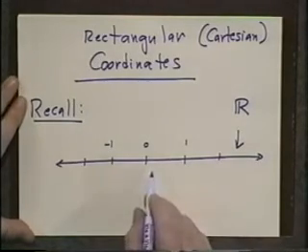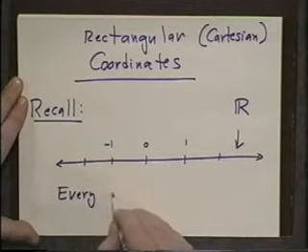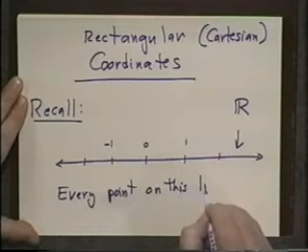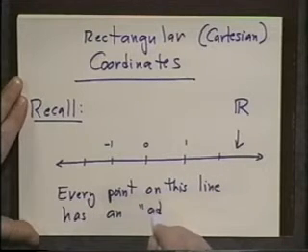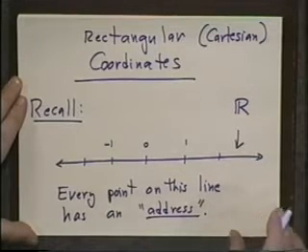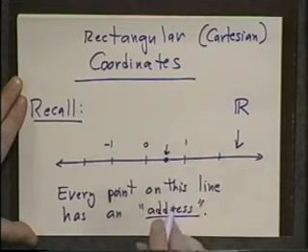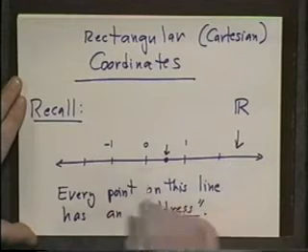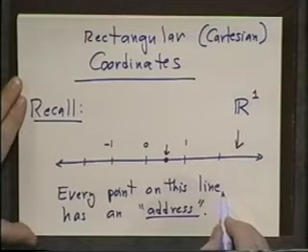This is a one-dimensional object, and every point on this line has an address. Another word for that is coordinate. If I want to know where this point is, I simply find out what number is associated with it. So every point on the line has a numerical address. This is one dimension, so this is R, and you can think of this as R to the 1 power.